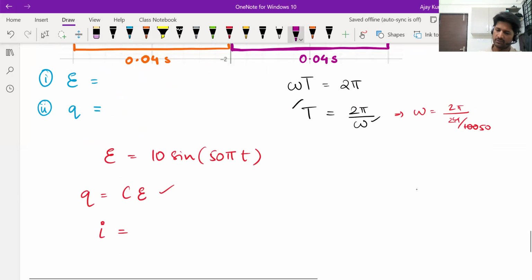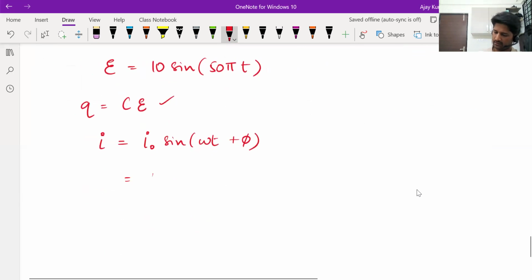We know the EMF equation, we know the capacitance. We need the current equation. Current equation will be of this form: I naught sine omega t plus some phase difference. I naught is C E naught omega, one of you just told.